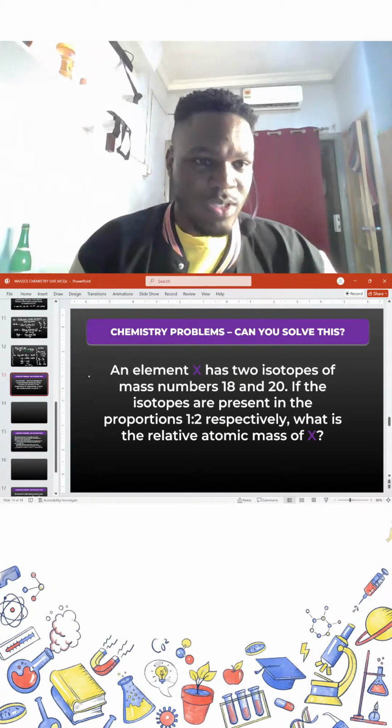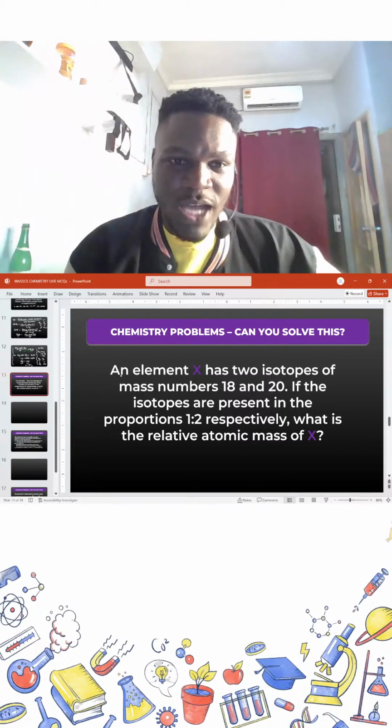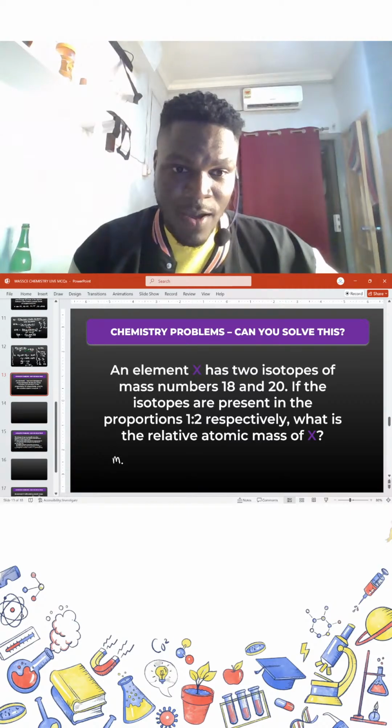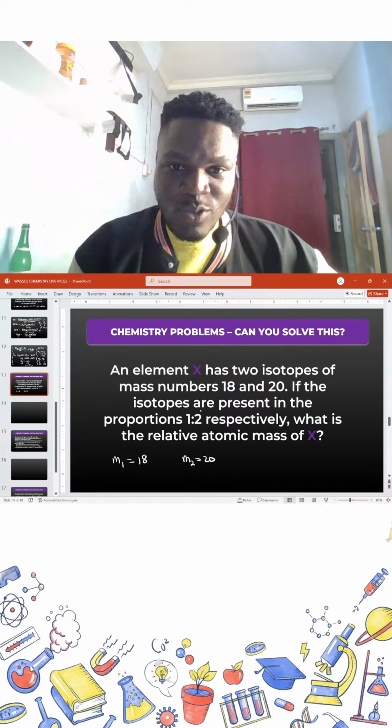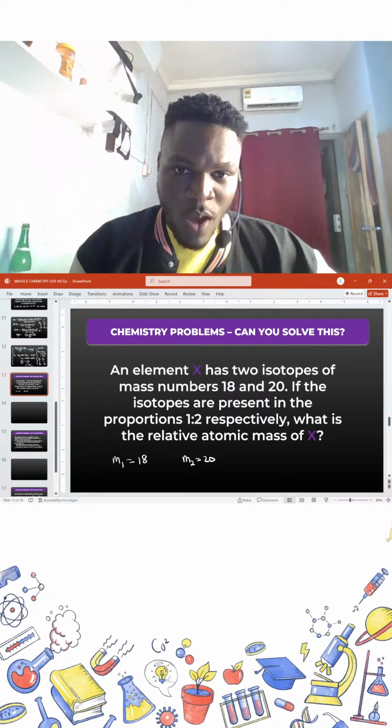So over here, let's note the things that we have. We've been told that the element X has two isotopes, okay? So one has the mass number, let me say M1 is 18, and for the second, mass number M2 is 20, okay? Now, if the isotopes are present in the proportions, it means that the proportion 1 is for the 18, the 2 is for the 20.